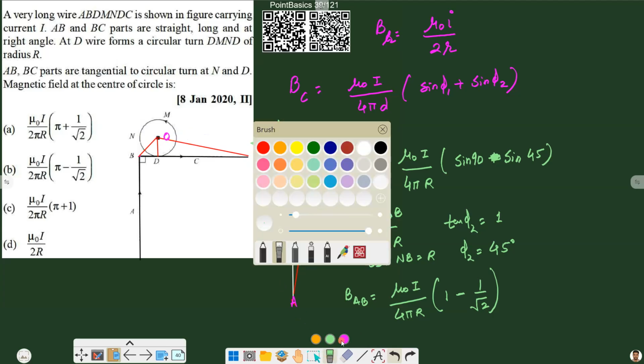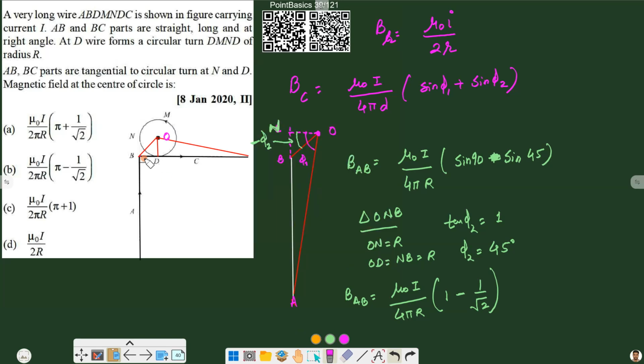You can say this will act as phi 1 and this will act as phi 2. And similarly here we can again calculate the value of phi 1. It will come out to be 45 degrees, and phi 2, as this is an infinite conductor, will be approximately equal to 90 degrees.